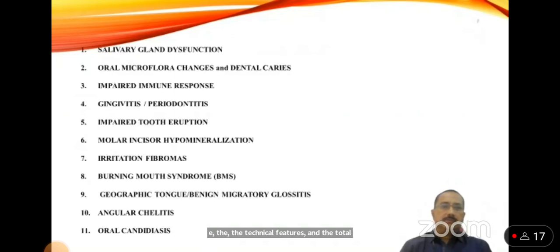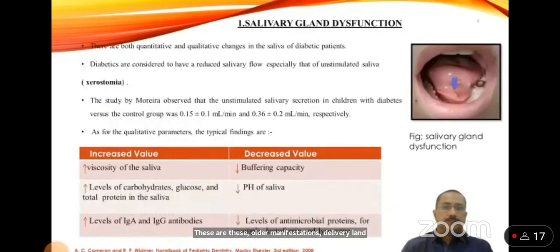These are some oral manifestations: salivary gland dysfunction, oral microflora changes. Salivary gland dysfunction: there are both quantitative and qualitative changes in the saliva of diabetic patients. Diabetics are considered to have a reduced salivary flow, especially of unstimulated saliva. It is also called xerostomia.